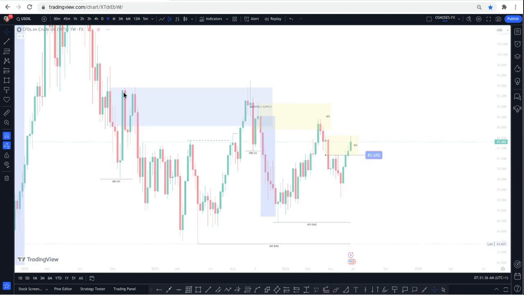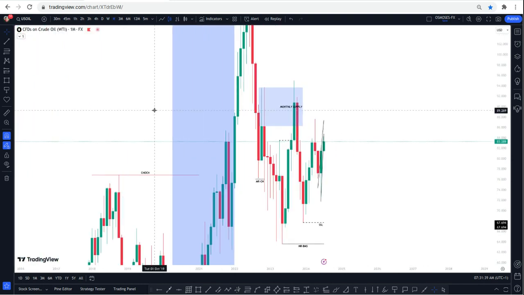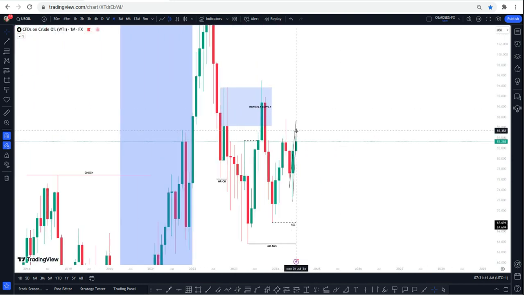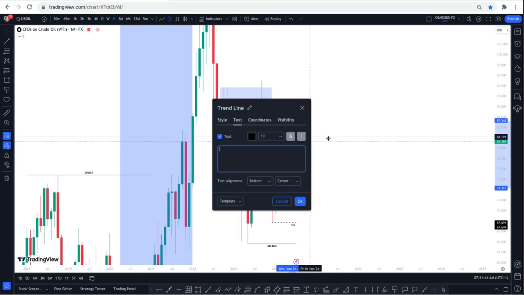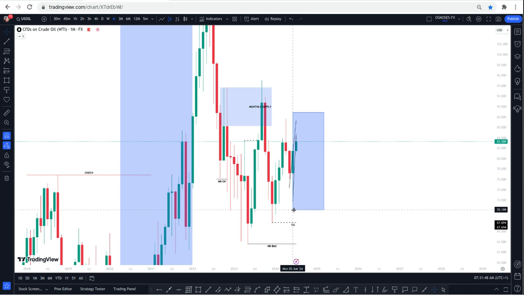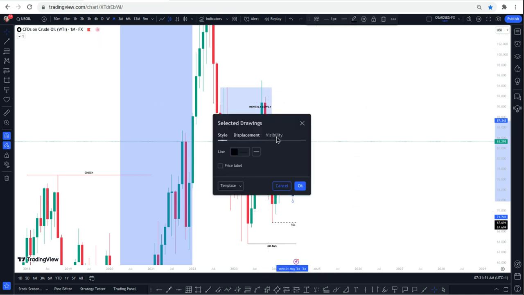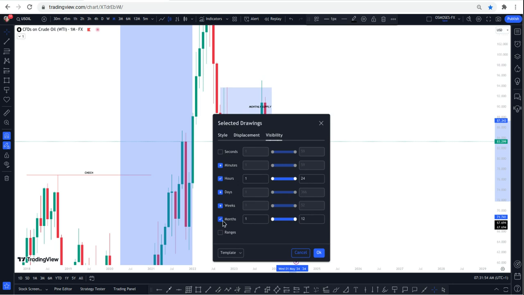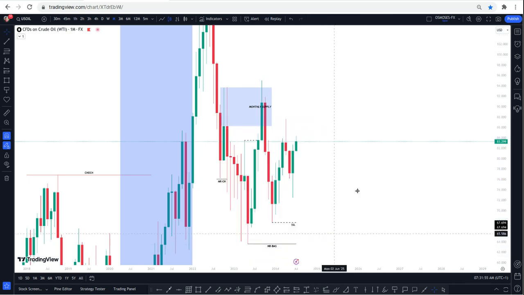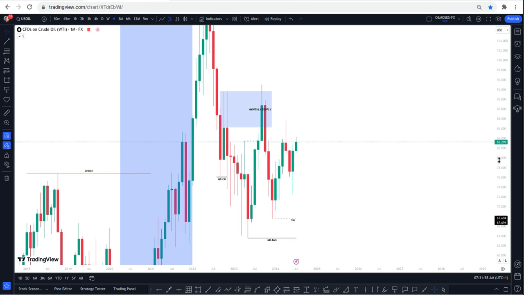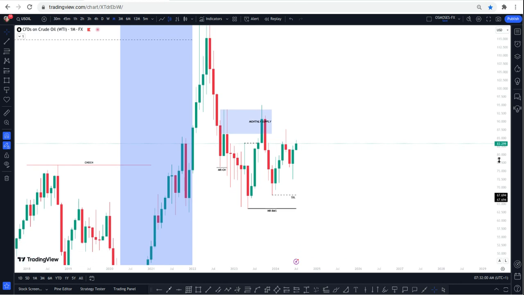Let me go to monthly. Price has been downtrending for some while. I'm trying to still continue the downtrend to catch a few pips on the downtrend. So look at what I have.